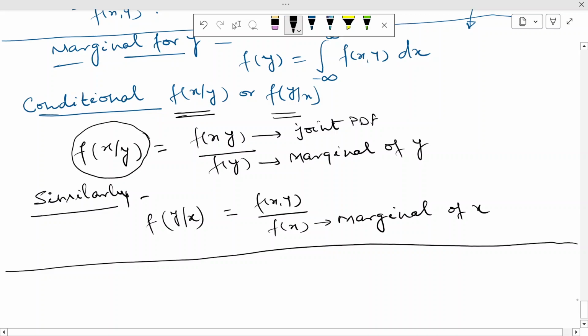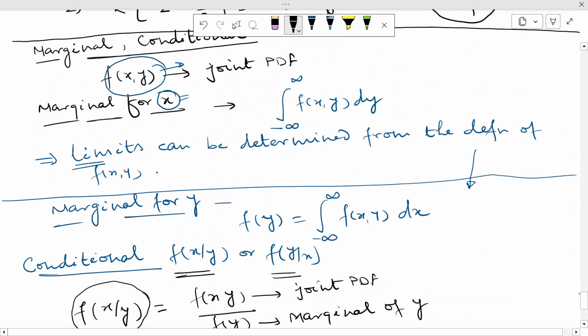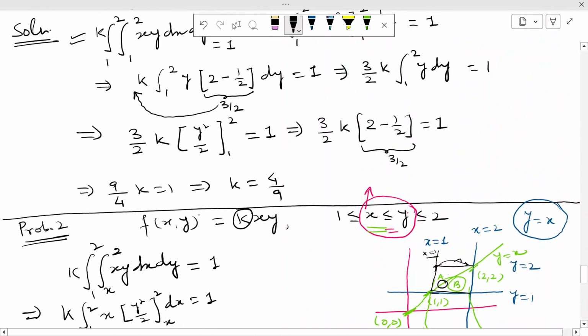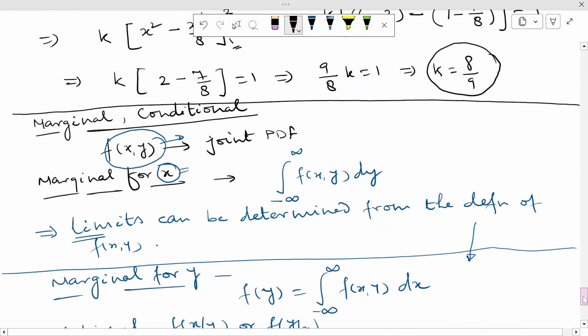So we continue with our previous problem. Here you can see that we are provided with this joint PDF together with the definition of the domain of fxy.